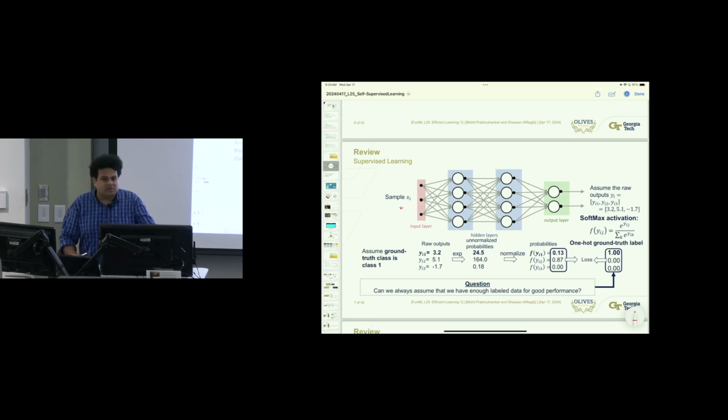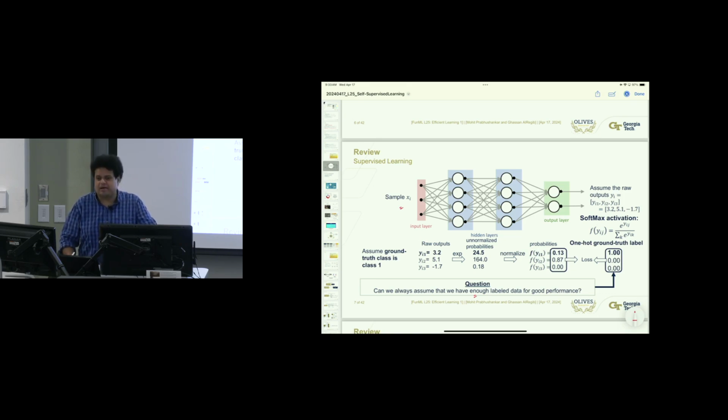The question that we start off with is, can we always assume that we have enough label data for good performance? So if you are doing the project, one of the things that you would have noticed is that even though there are 16 classes and many of you took a very long time in order to label these classes, it's not enough. The gains in performance are not as good as you might have hoped. The reason being that in every single class, there's about 400 segmentation masks that you're given, right?